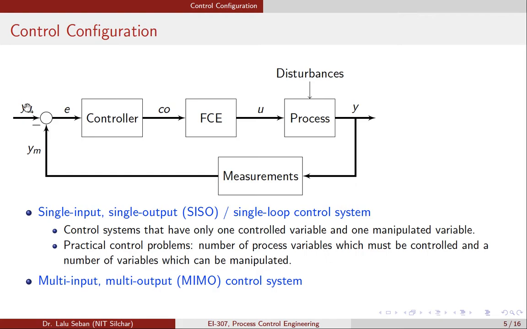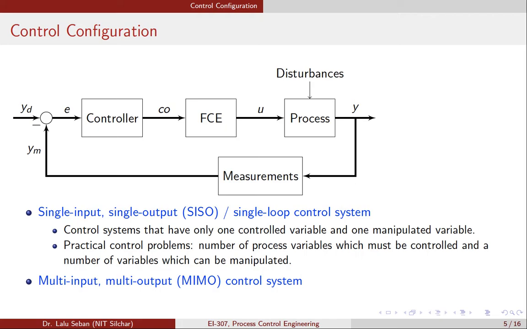Fine. Now, this is a very simple system. It has only one control variable, and it has only one manipulated variable. Okay, here the manipulated variable is u, and y is a single control variable. Now there are a number of process variables which must be controlled, and a number of variables which can be manipulated.